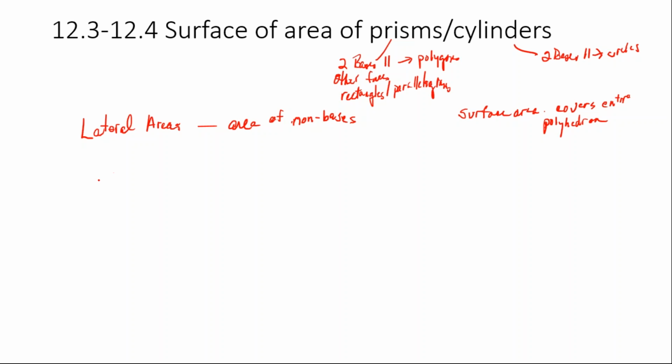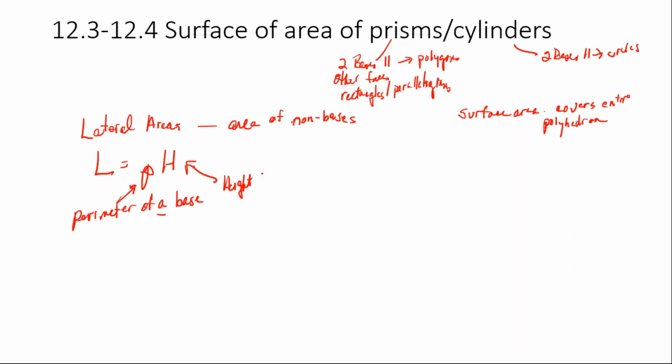So going through, lateral is always the perimeter times the height. Perimeter of a base. And it's only one of them. You don't need the perimeter of the first one and the second one. The perimeter is the perimeter for both of them. It's not doubled. So it's the perimeter of the base. And the H is the height.